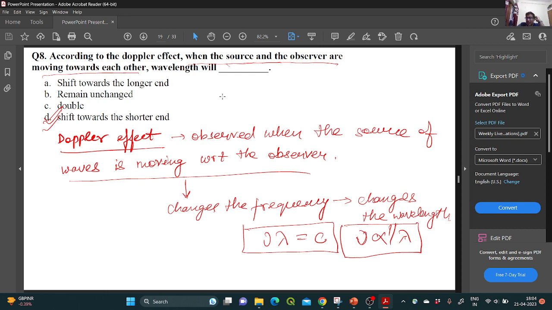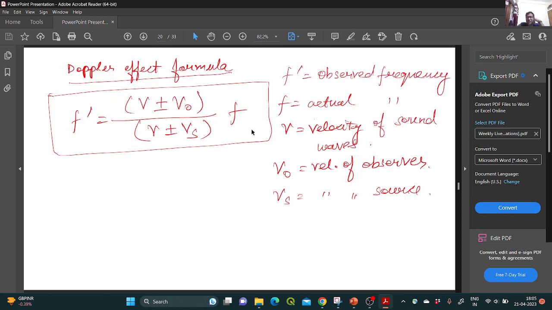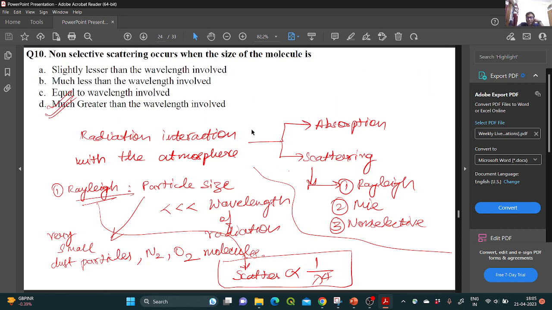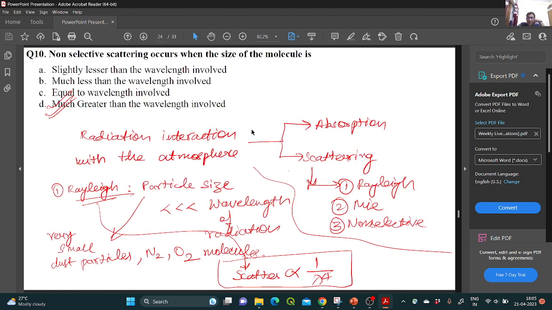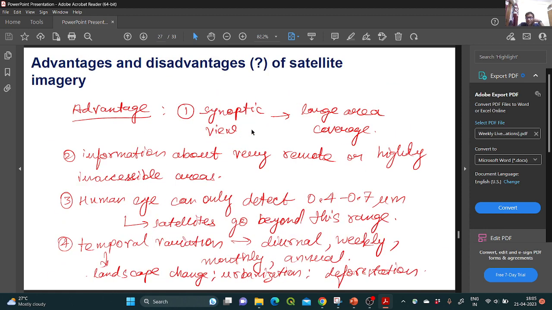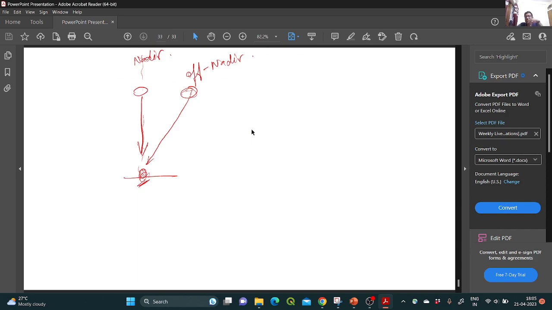Whenever the source and the observer are moving, the Doppler effect will happen. The frequencies and the wavelengths will vary, and that is what it deals with. So that was the part related to the first weekly live session.